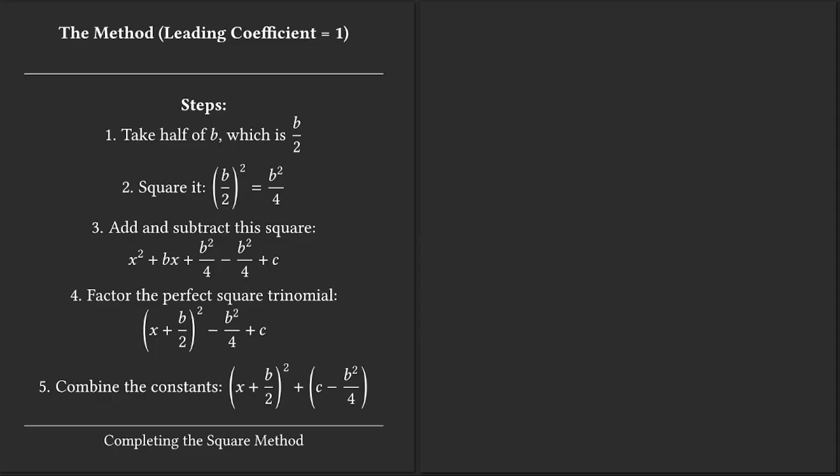So let's start by looking at how to complete the square when the leading coefficient is equal to 1. When we say the leading coefficient is equal to 1, you know how a quadratic function looks like. A quadratic function is simply of the form y equals ax squared plus bx and then plus c.